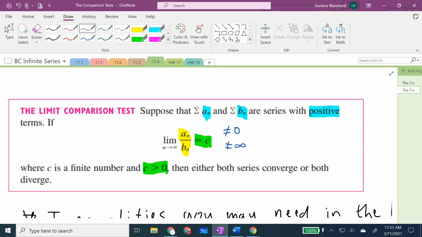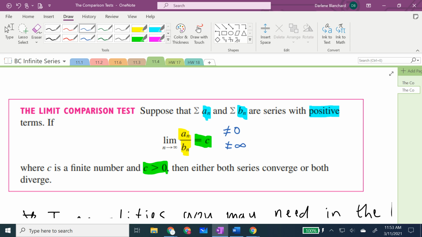However, if one of them is infinity and you have this finite ratio tether, then the other one has to be infinity as well. That finite tether says we're either finite together or we're infinite together. But no one's heading off to infinity without the other one. And that's basically what that is.